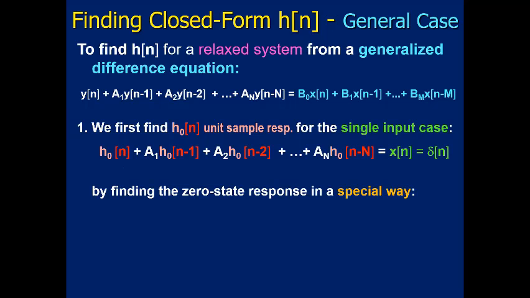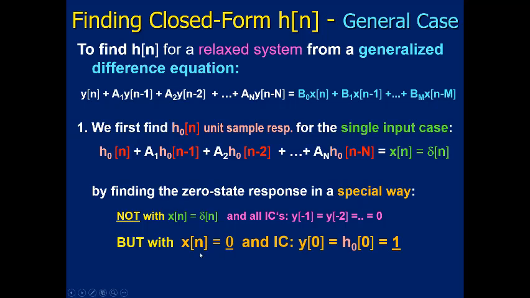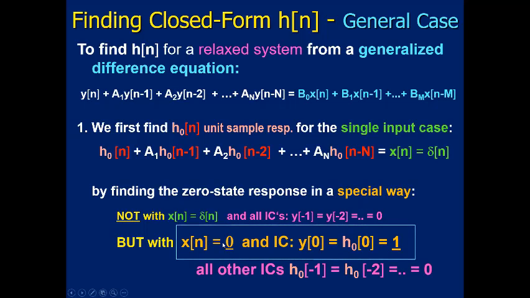The way we find the zero state response for that is through one manipulation of how we solve these problems. Instead of solving it the way I just tried, with x of n being a unit sample sequence and figuring out the forced response of that, which is 0, with all initial conditions equal to 0, instead, we'll let x of n be 0, like it is for all n greater than 0, and we'll use a special initial condition to drive our answer, to provide the equivalent stimulus to the system so that we can see what it would do with that unit sample input.